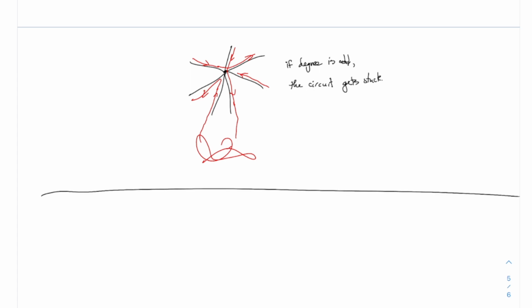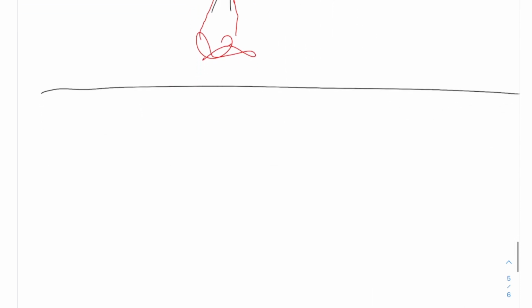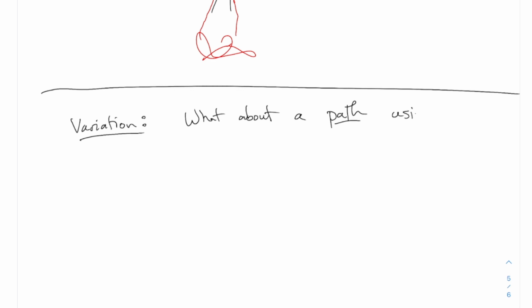Let's talk about a little variation. It's very easy to tell if a graph has an Euler circuit or not. A little variation here, which is also pretty easy: what about a path using each edge once, but it's not a circuit?